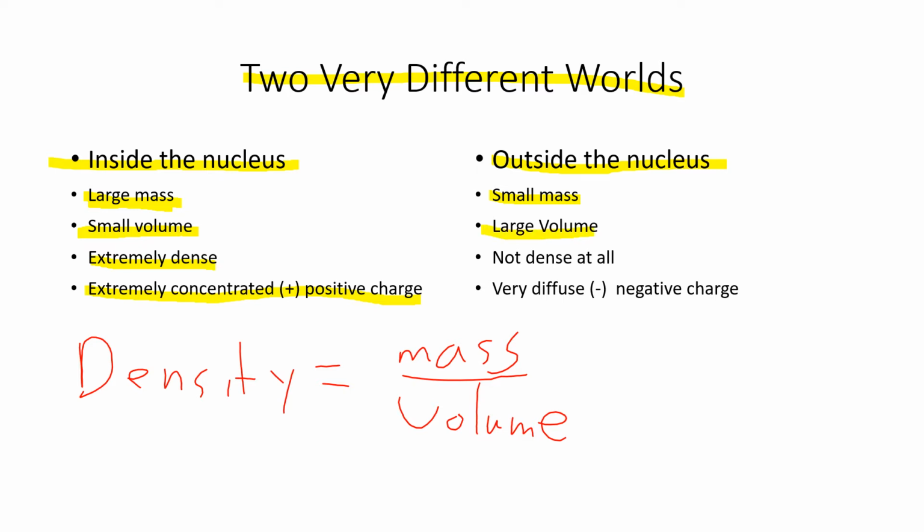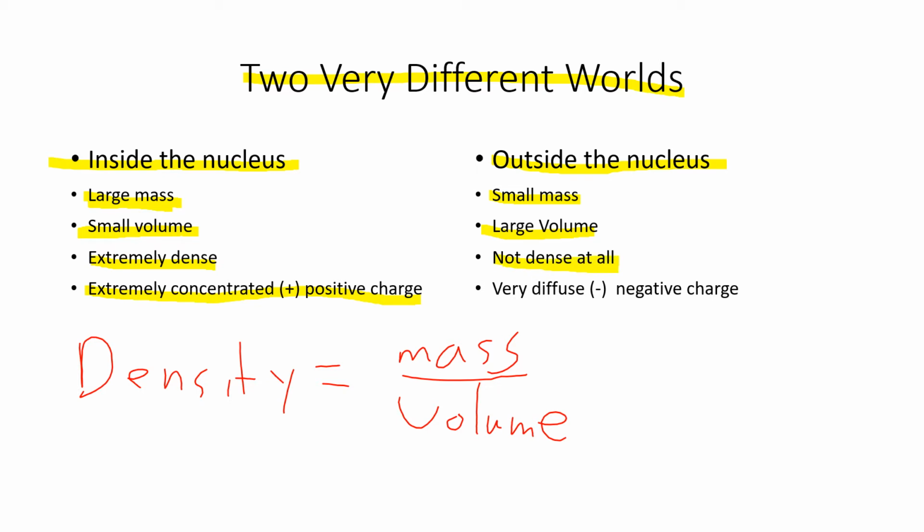We have a lot of space available for that. Remember, this is the P and the baseball stadium. The entire baseball stadium is outside the nucleus, the rest of the atom that's not the nucleus. So small mass, large volume, that's going to mean the exact opposite of what we saw inside the nucleus. This is not dense at all.